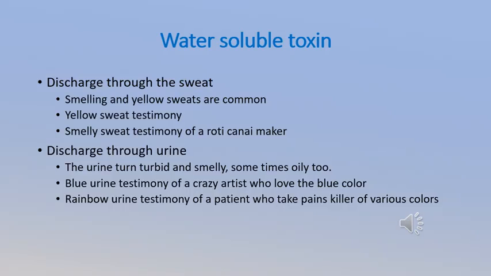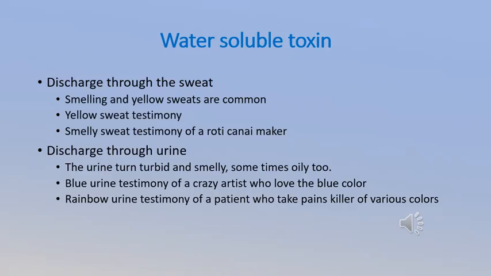Last time in Kedah State, there was one very crazy artist. He loved the color blue. In his drawing, everything is blue. The tree is blue, the moon is blue, the heart is blue, the beautiful woman in the drawing is also blue. When he took Ganotherapy, the urine came out blue too.